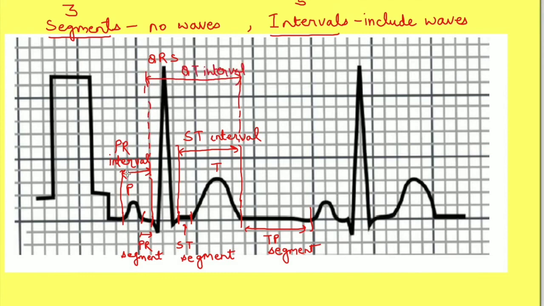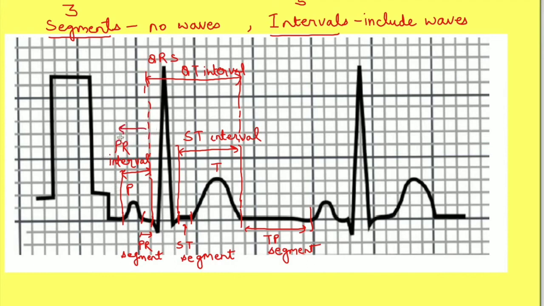Now sometimes it becomes very confusing to remember these intervals, from where they begin and where they end. So I remember it by one stupid mnemonic. I don't know, it may help you also. As already told, intervals include waves while segments do not include waves. So which waves do these intervals include? See, PR interval is this side of ECG.